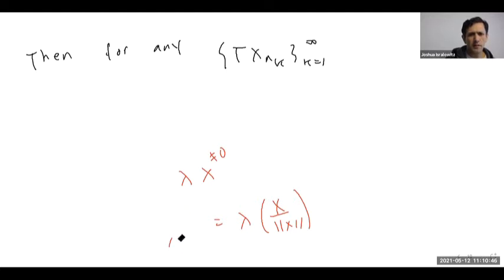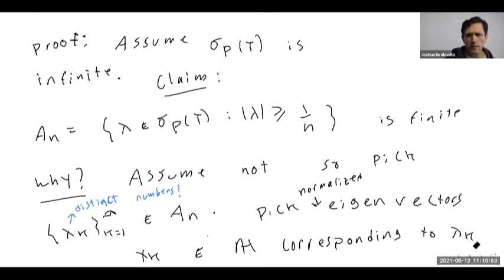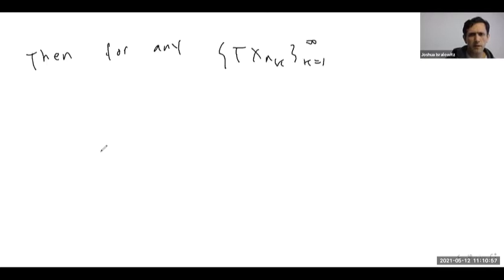So we have these eigenvalues in A_n. Pick normalized eigenvectors corresponding to these. Okay, so let's prove that for any subsequence, this is not going to converge, and hence T is not compact. Not really much to this.